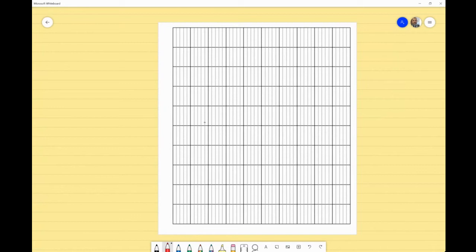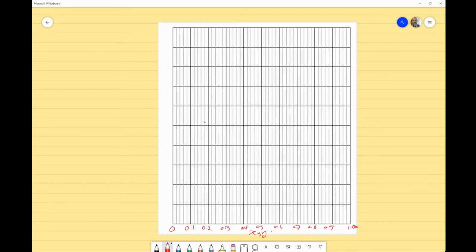So maybe this one is going to be 0 here, and this is your x and y, and you start from 0 to 1, okay? So maybe you'll say this is going to be 0.1, 0.2, 0.3, and so on, 0.4, 0.5, 0.6, 0.7, 0.8, 0.9, and 1.